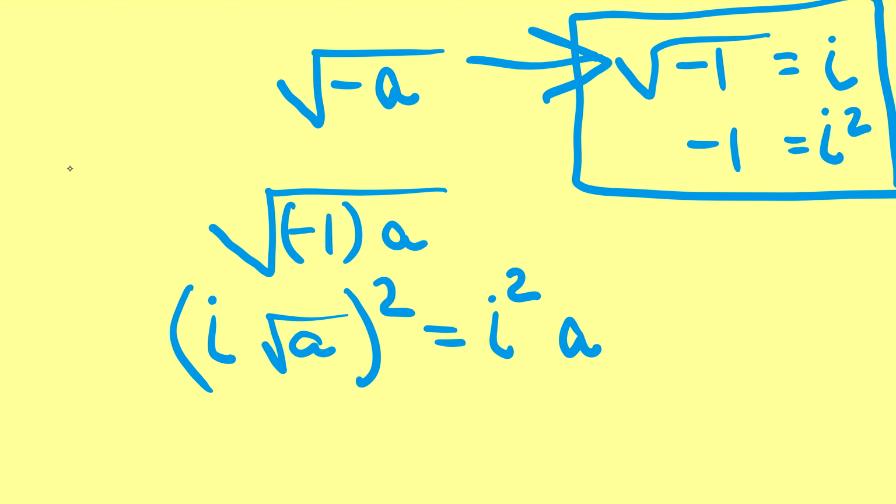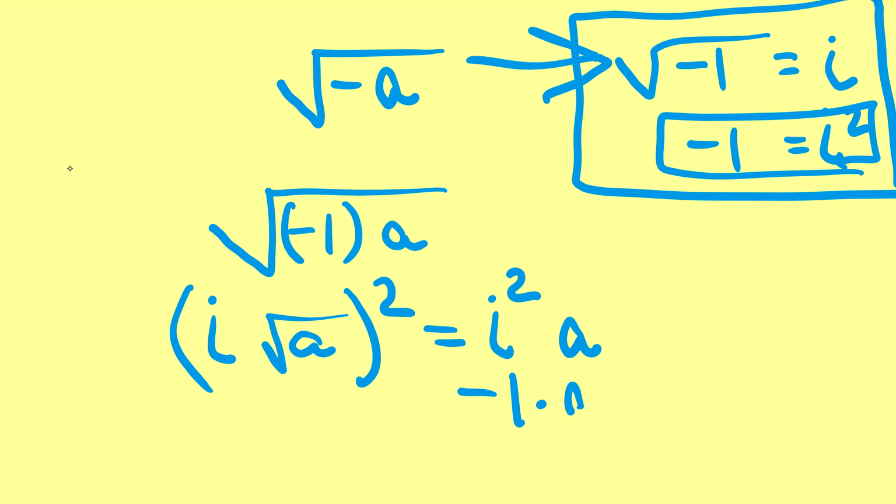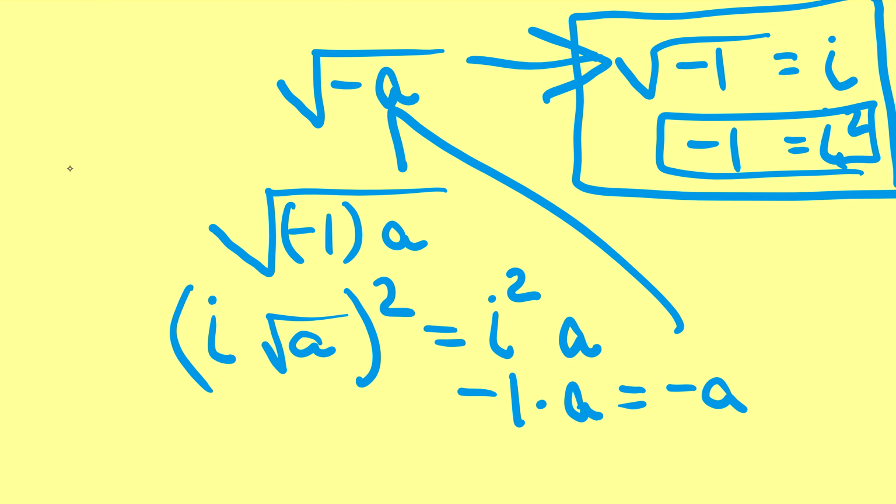I'm squaring the square root of a, which is a, and then I'm squaring the i to give me i squared. And now what can I interpret from this? That i squared equals negative 1. That's what this statement is saying here. So if i squared equals negative 1 times a, then negative 1 times a is negative a, which we started up here, taking the square root of negative a. All right, just a little justification issue there.